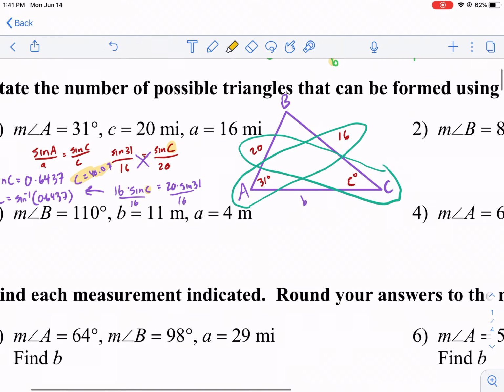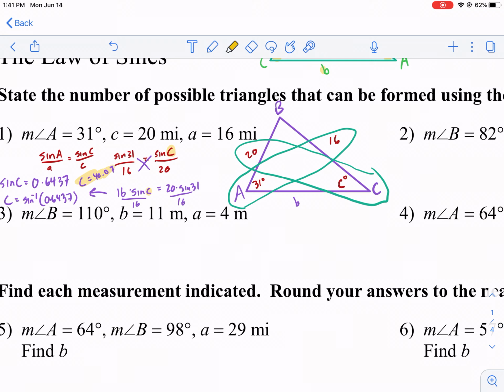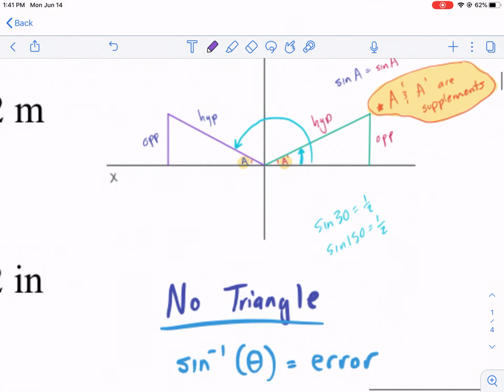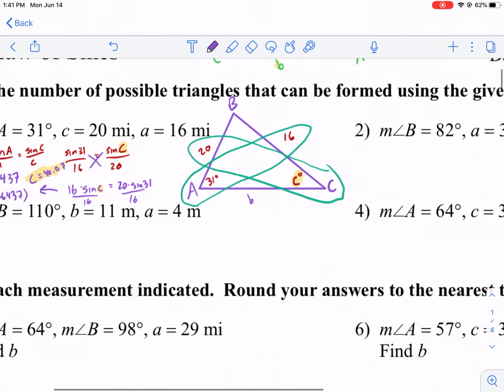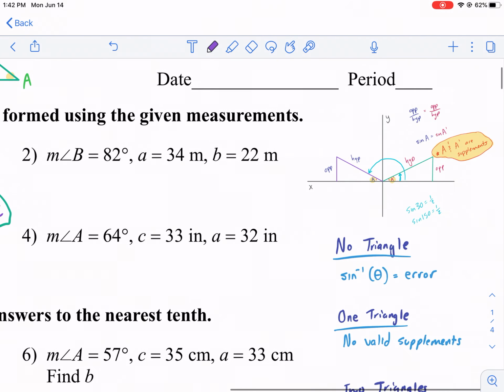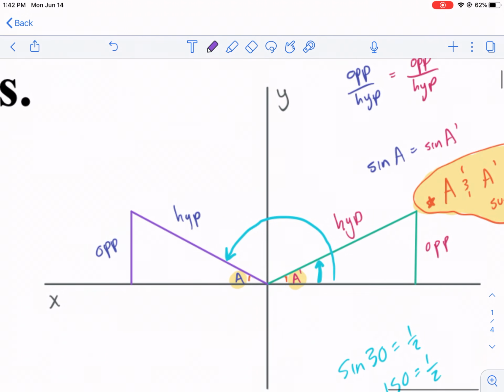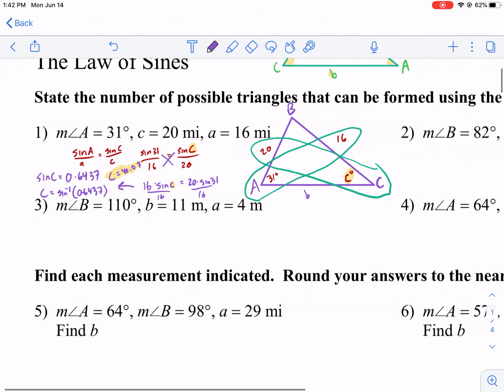Now here's the thing. Remember how we said it's possible it could have a supplement? Because remember, 40 and its supplement both have the same sine. Sine of 30 and its supplement both have the same value, because in the first and second quadrants, the y values are positive, and that's where that comes from.